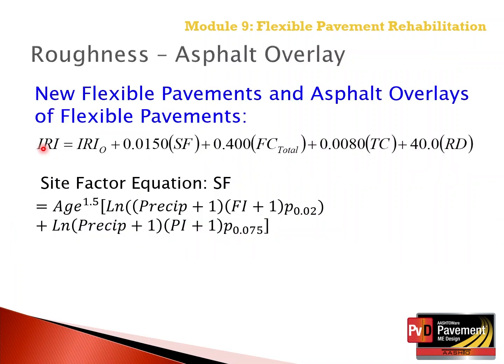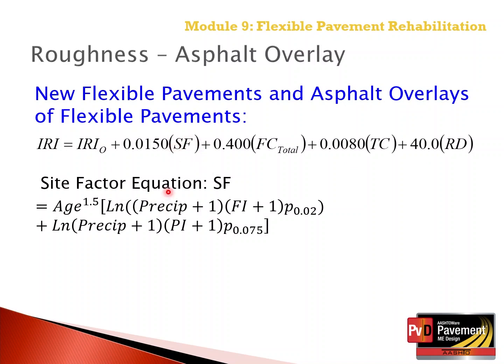The roughness regression equation to calculate IRI throughout the design period of asphalt overlays of flexible pavements is the same as for new flexible pavements, which was covered in Module 6-1-4. This shows the regression equation as well as the regression equation for the site factor.